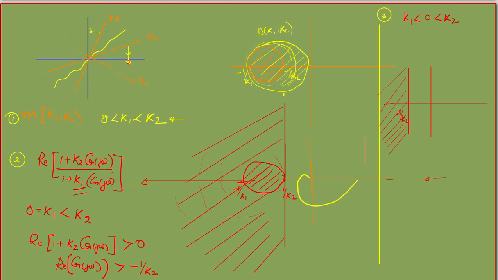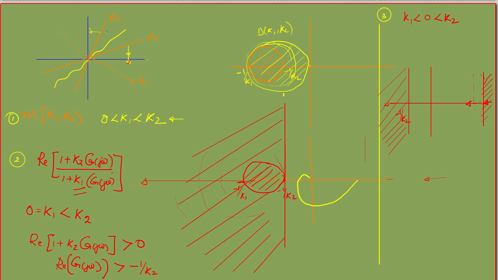Now if this K1 is decreased further and it is trying to be negative, when it suddenly crosses the zero line it comes from this point. So this part definitely becomes forbidden, and K1 is approaching like this.